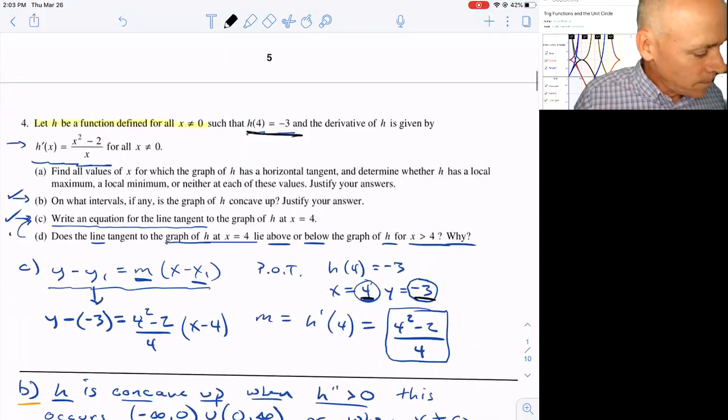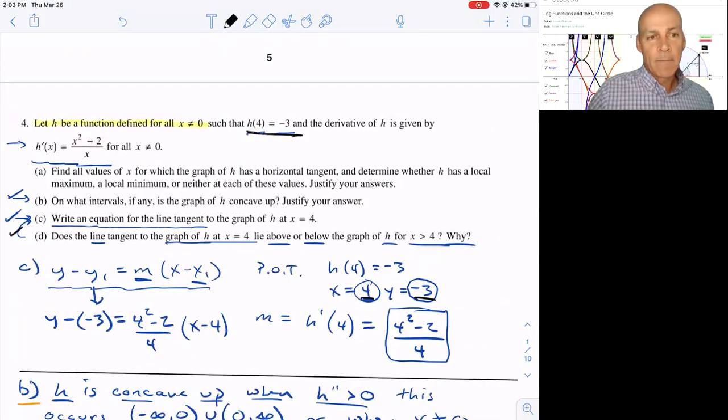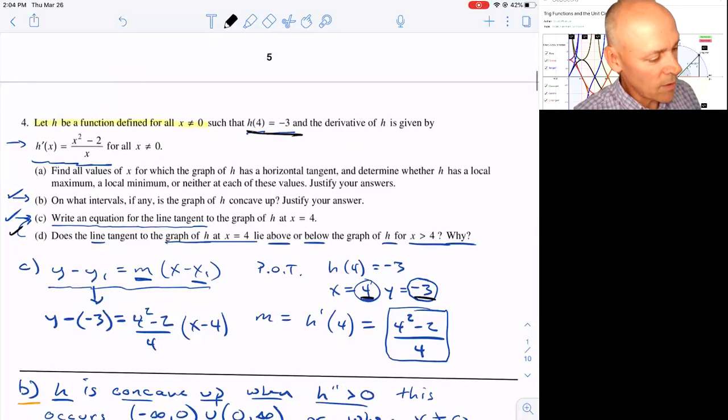So what remains? Looks like part A. Find all values of x for which the graph of h has a horizontal tangent and determine whether h has a local max, a local min, or neither at each of these values. Justify your answers. Okay. Well, let's go ahead.